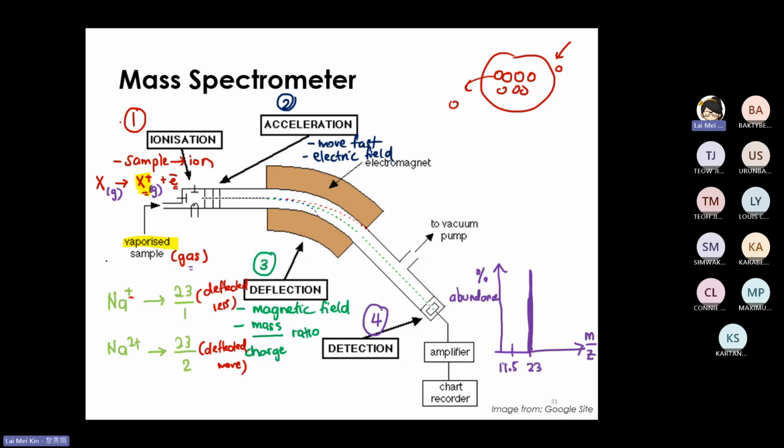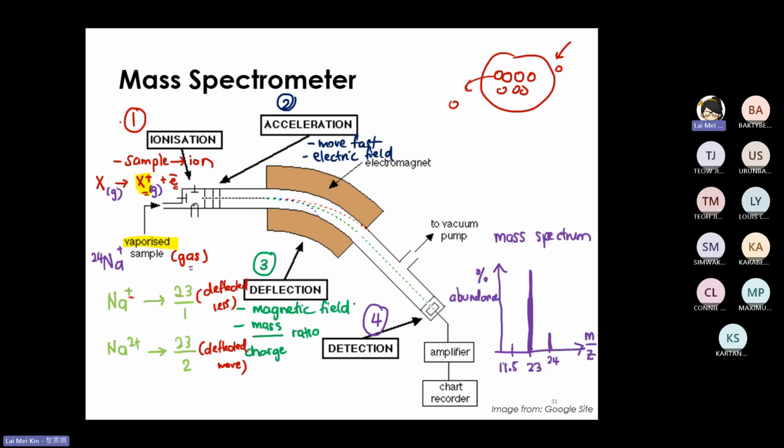And let's say I have an isotope, sodium 24 positive. At mass over charge 24, it hits 1 time, 2 times, 3 times, so a shorter peak. The graph that's being produced, I call it a mass spectrum.